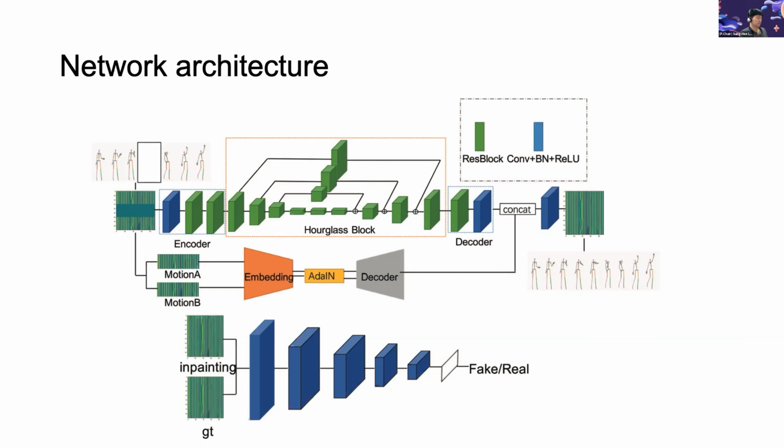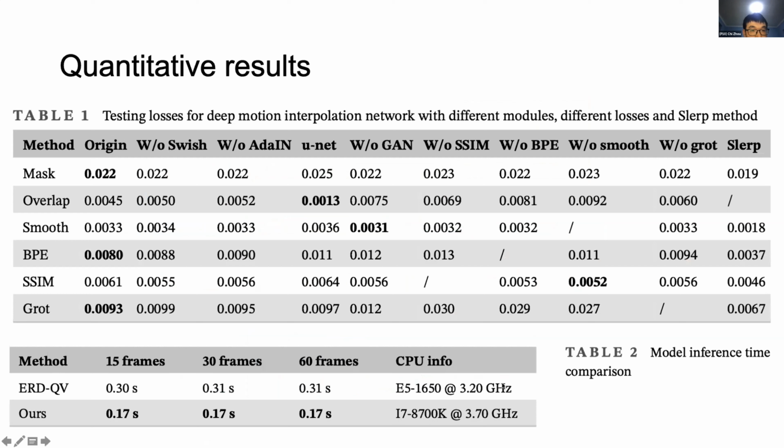And we also use this branch to guide the training of the network. In the later ablation study, we show that our AdaIN layer has some impact, and with the AdaIN layer, the different losses could be decreased.